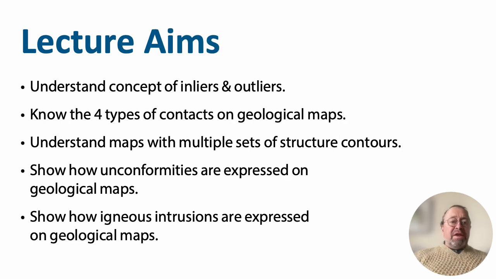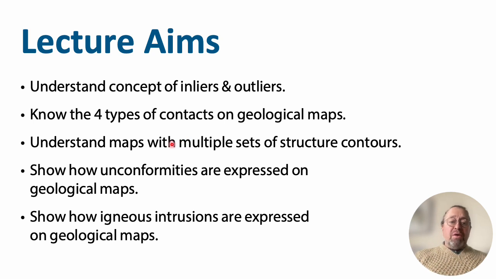So today what we're going to do is try and understand a number of different new concepts, particularly starting with inliers and outliers. You'll see what that is in a minute. We need to better understand the 4 different styles of contacts that we find on geological maps, and also how to deal with maps that have more than one set of structure contours when all the contours are not parallel to one another, as we experienced last week.